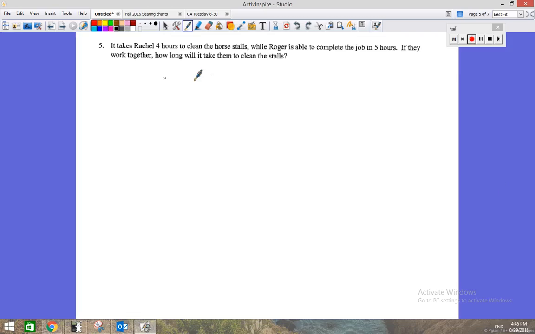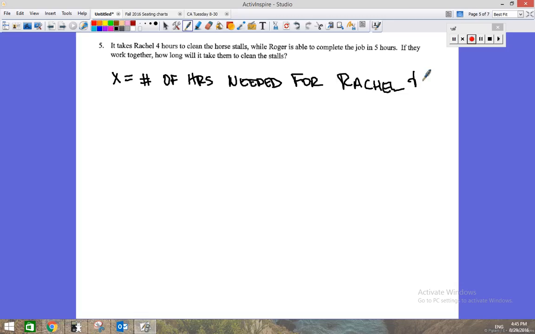So X is, and again my unit is hours, the number of hours needed for Rachel and Roger to complete the job. Let's emphasize that that's when they're working together.